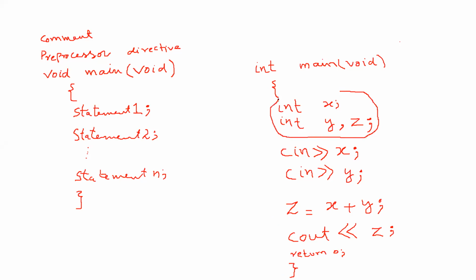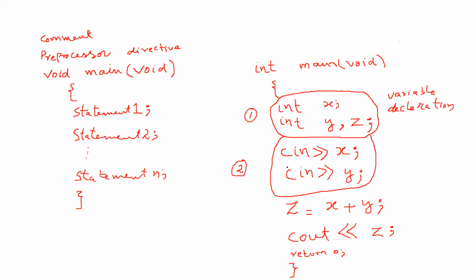This segment is called declaration, variable declaration. The second segment is called inputs. This is one segment, this is the second segment, this is inputs.